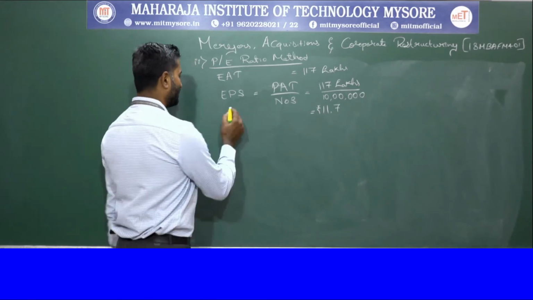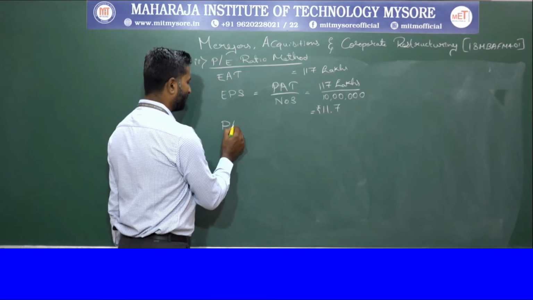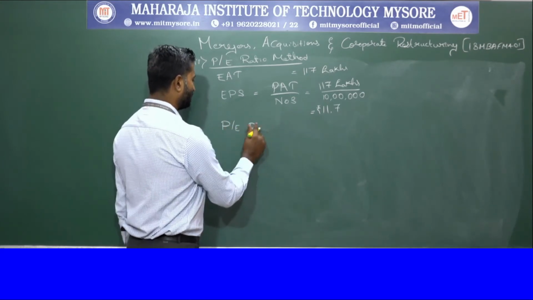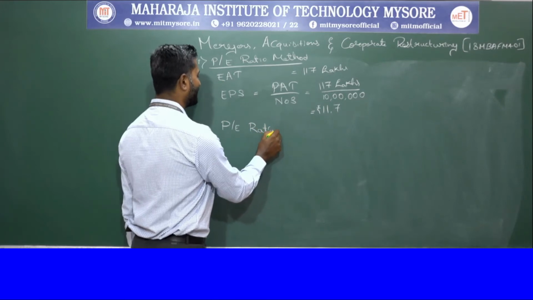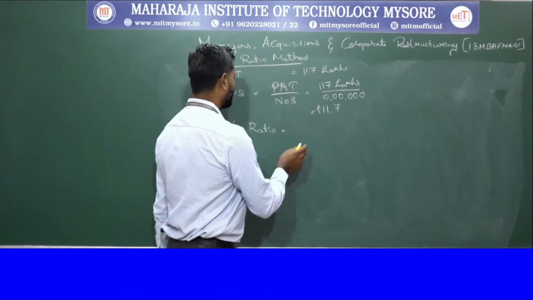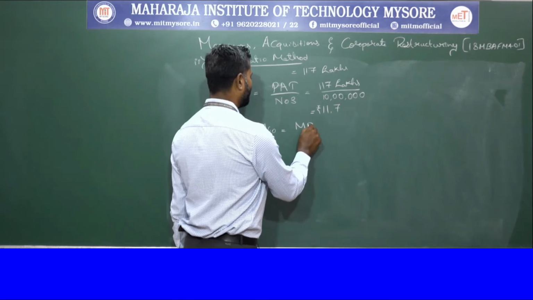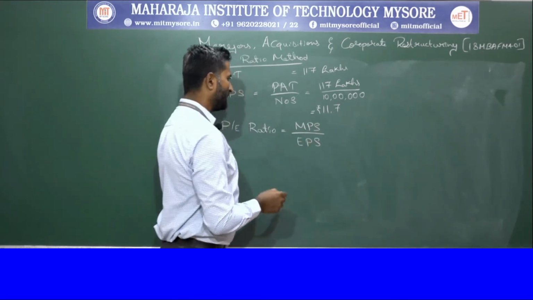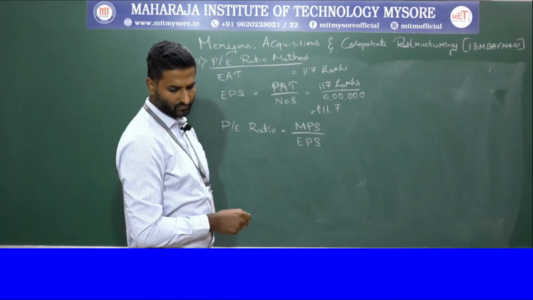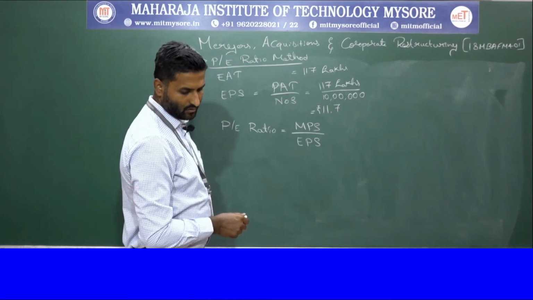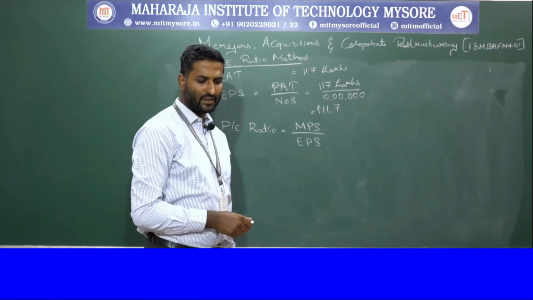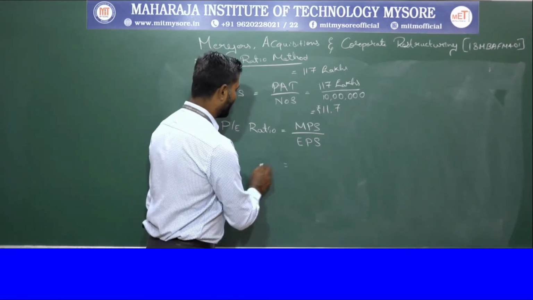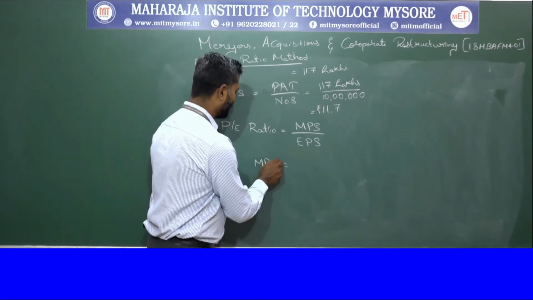As per the EPS which we resulted, 11.7 rupees, we can make use of the PE ratio formula. The PE ratio, price to earning ratio, is MPS divided by EPS. As per the problem, they gave the PE ratio as 10 times. So we can easily calculate the MPS.